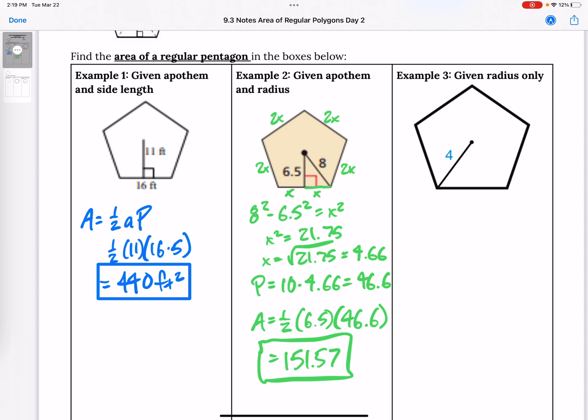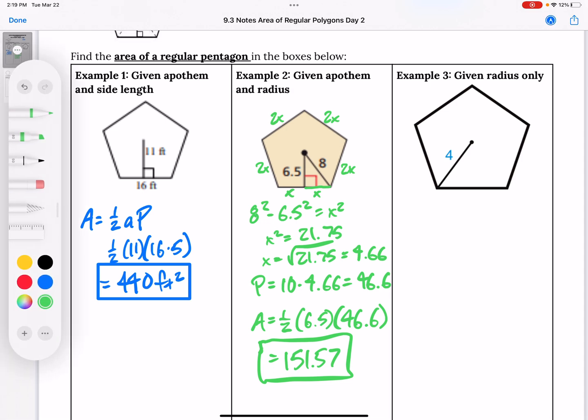Now, it does get a little more difficult. What if we are only given the radius? So we're given the radius here. Just like in our hexagon and our equilateral triangles, we are going to draw in this triangle. Now, let's think. If I were to go all the way around this pentagon, this is 360 degrees.